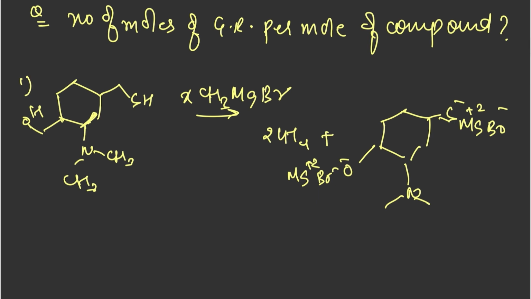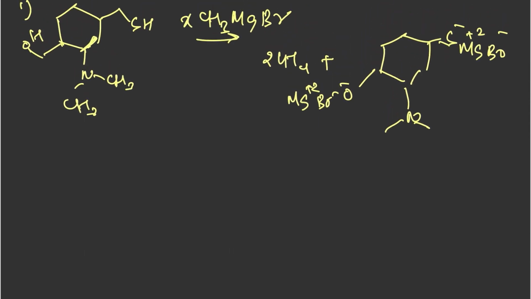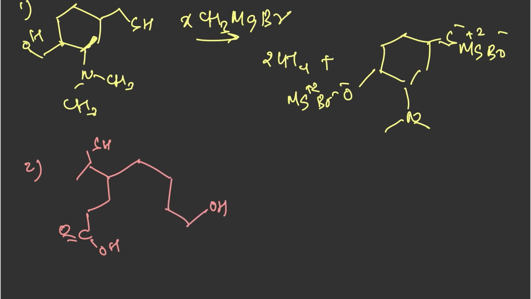Now we don't need to write the reaction, just guess. You have to predict how many moles of Grignard reagent are required. Now here how many Grignard reagents are required?